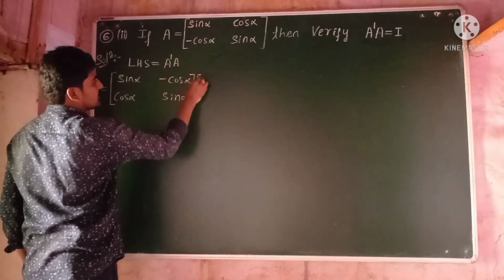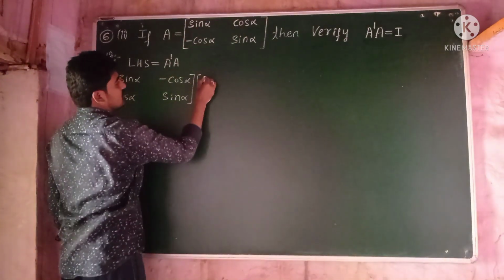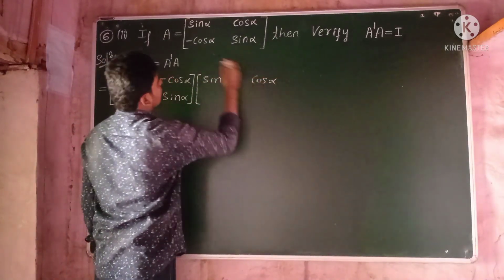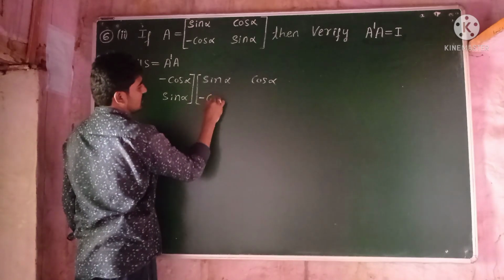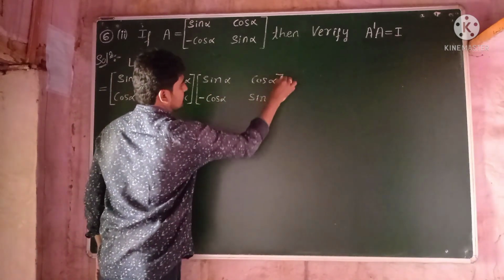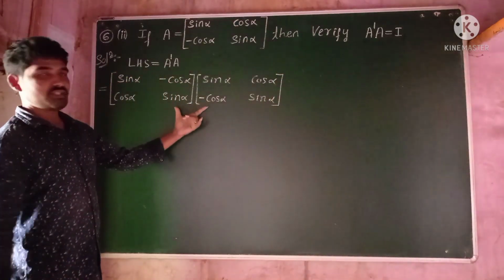Into matrix A, which is given: sin alpha, cos alpha, minus cos alpha, sin alpha. Product of these two matrices.